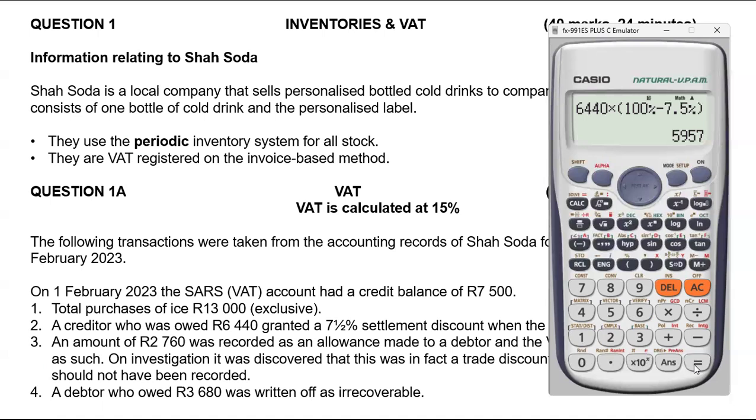So we overstated our VAT input. We need to reduce this since we have been granted a discount. So what are we going to do? Since that 6,440, VAT on that was VAT input, and that VAT input has been overstated by the VAT of the discount. We're going to calculate the discount first and then calculate VAT on that discount. And VAT on that discount is supposed to reduce our VAT input.